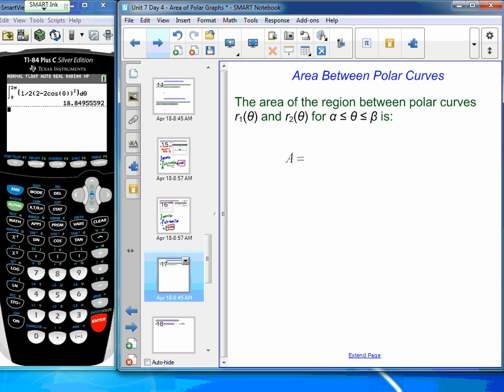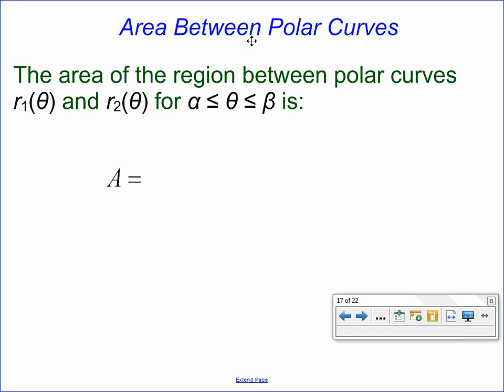Well, in general, we would do our 1/2 f sub 1 of theta squared, minus that inner curve, 1/2 f sub 2 of theta squared, and then all d theta. And so if we have two different curves, call them r sub 1 and r sub 2, we can now take the difference between them. So we'll start with our original one.